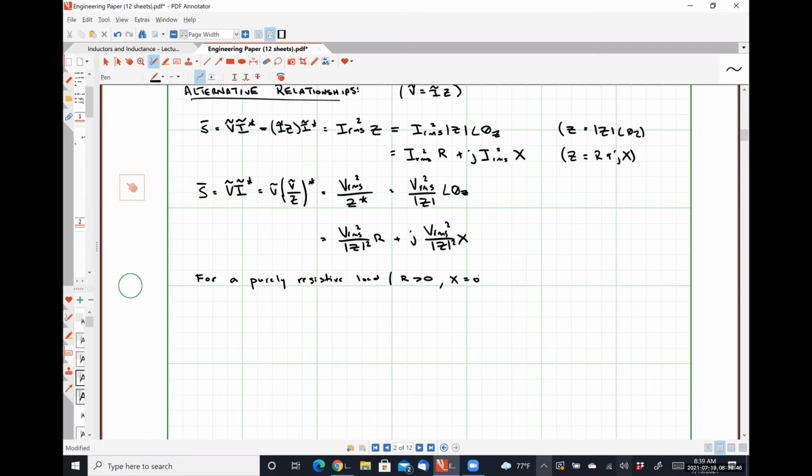And X is exactly equal to 0. Complex power absorbed by a resistor is simply I RMS squared times R, or V RMS squared over R. So this looks exactly like our simple DC relationships that we learned the second or third day of Circuits 1. Once we learned Ohm's law, we get to use that exact same thing, and it represents a complex power.